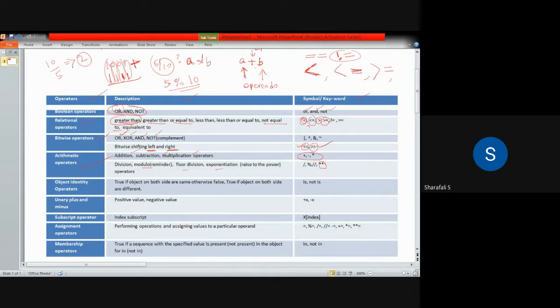So if I use 10 modulo 5, then I will be getting 0 because there is no remainder. If you want to get the remainder after division, then you have to use this modulo. Okay, so these are the arithmetic operators. They are used for addition, subtraction, multiplication, division, modulo, floor division, exponentiation.